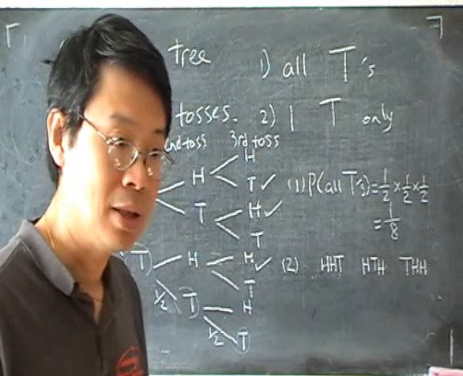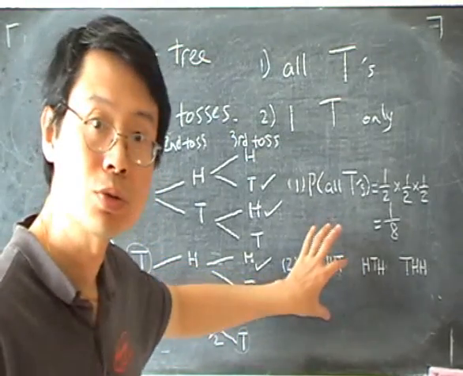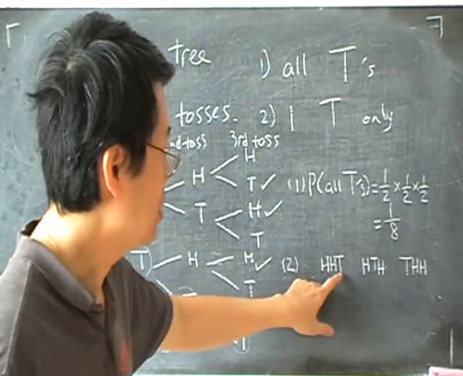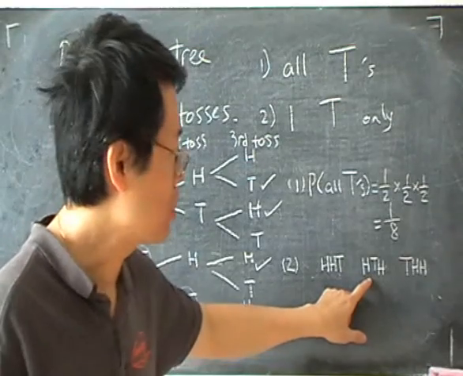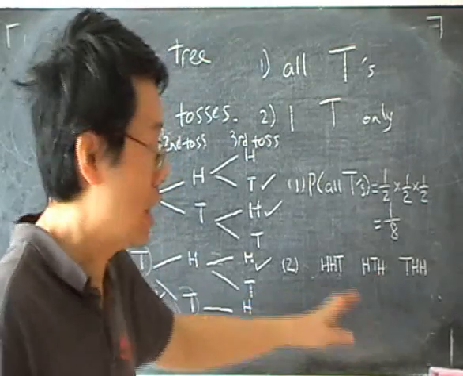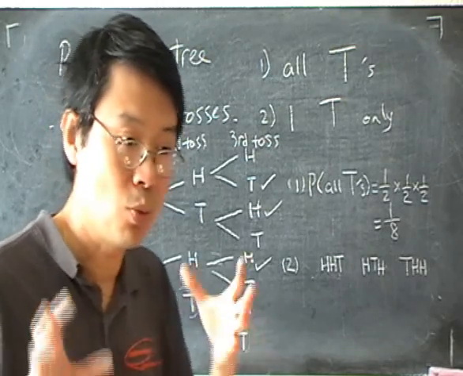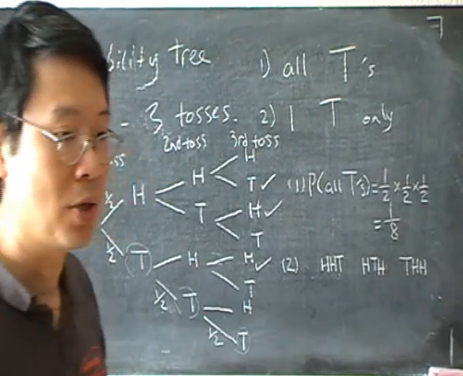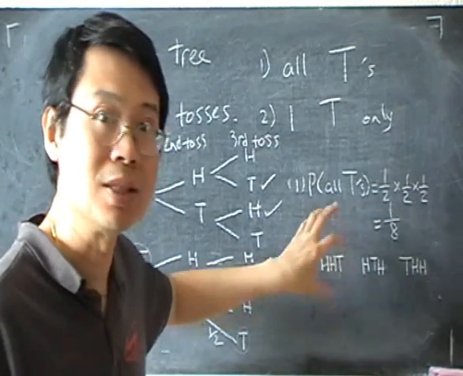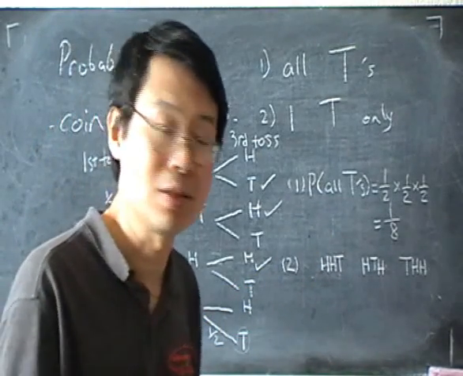Now you can see that they have to be mutually exclusive because in each case I've already finished the three tosses and I get this result. So if I've already got head-head-tail, I cannot also have gotten head-tail-head. Alright, and if I've gotten head-tail-head, then I have not got head-head-tail. They're obviously either one or the other. It's just like this thing has already happened, so it cannot be that something else has happened at the same time to the same die.